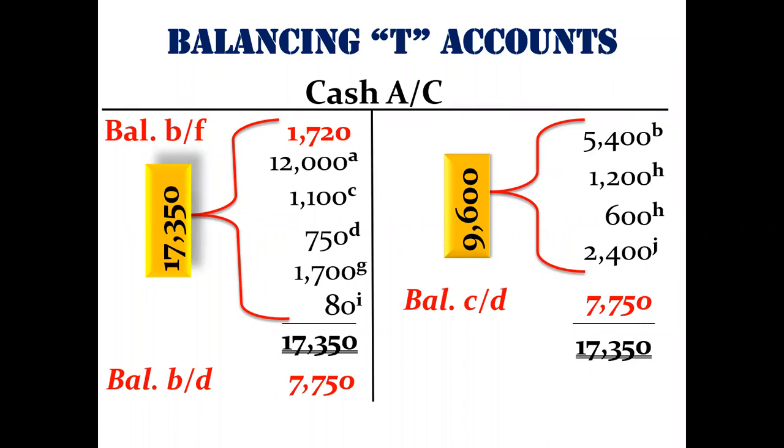So here, notice when we added up the debit side, it has 17,350. The credit side, 9,600. So this balance of 7,750 is on the debit side.